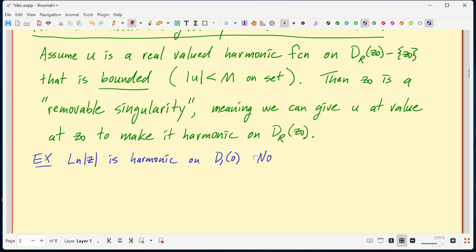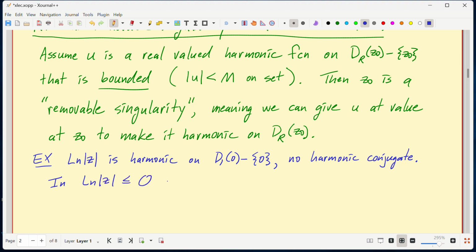Sorry about that. It's harmonic on that, and there's no harmonic conjugate, so I can't reduce it to an analytic version of anything. And in fact, we have log mod z is less than or equal to 0 on the closed unit disk minus the origin.